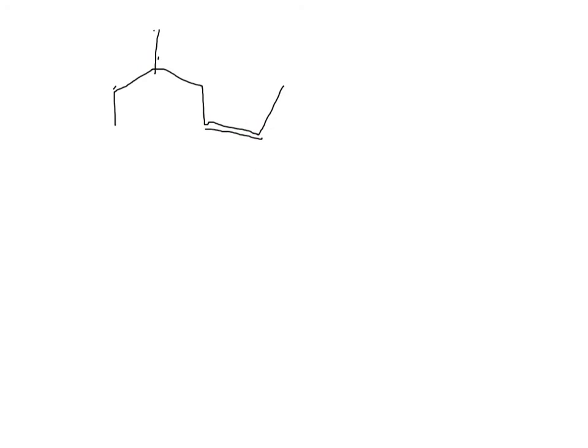So I brought this one up because you can choose now for the numbering. Actually, let's put some numbering in there. So 1, 2, 3, 4, 5, 6, 7, or you could say 1, 2, 3, 4, 5, 6, 7. And the correct numbering here is that the double bond starts on carbon 2.